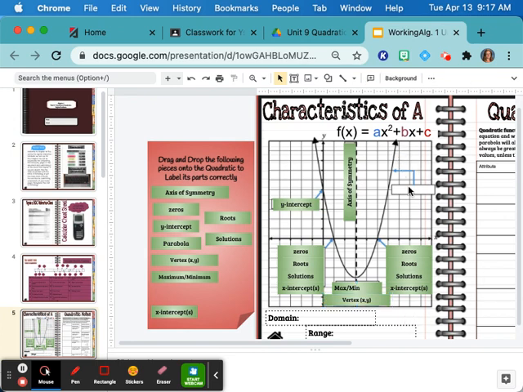Okay, the next thing, what is this little arrow pointing to? Look at all of our possible vocabulary words. What is this arrow pointing to? Which vocab have I not used yet?